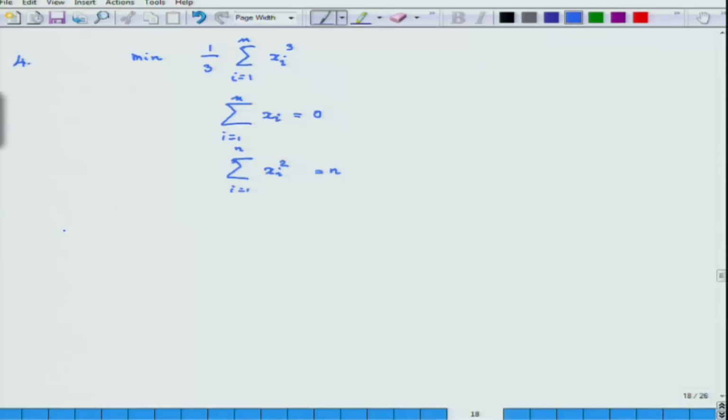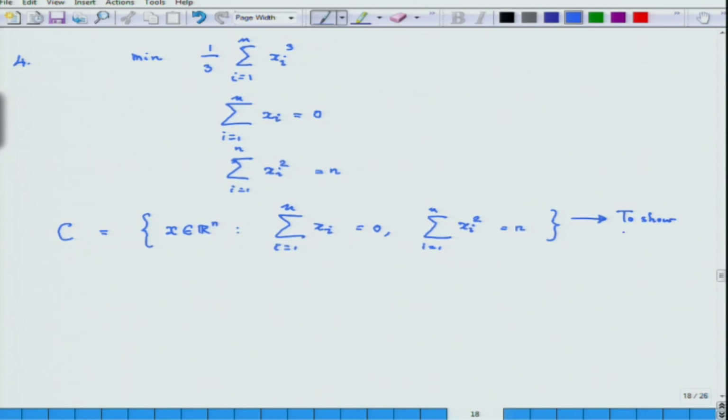This is a continuous function. So my feasible set C here, it is very important to note that this set is not only closed, but I would leave you again as homework to show that C is compact.